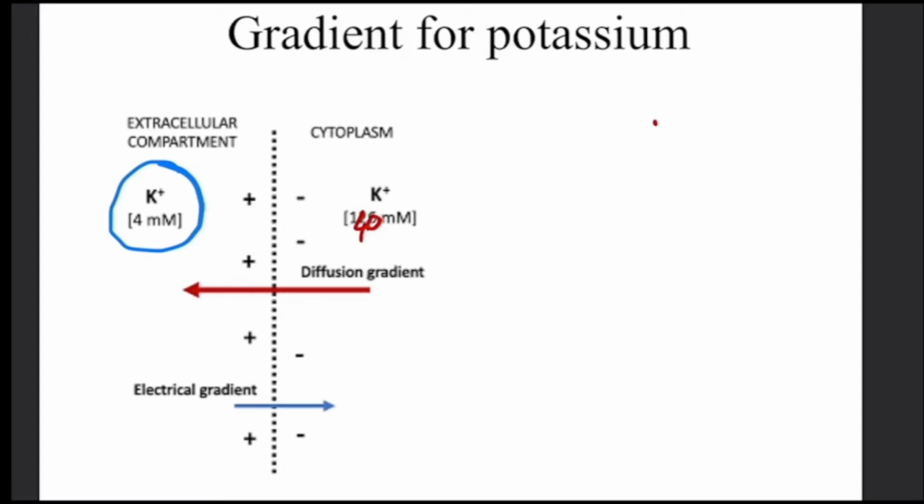So there is a concentration gradient, and the ions move out through the leaky potassium channel. At the same time, as the potassium is going outside, inside becomes more negative. Potassium is positively charged, so potassium will try to get inside. So this is the electrical gradient. The concentration gradient is opposed by the electrical gradient as far as potassium is concerned. Hope this point is clear.